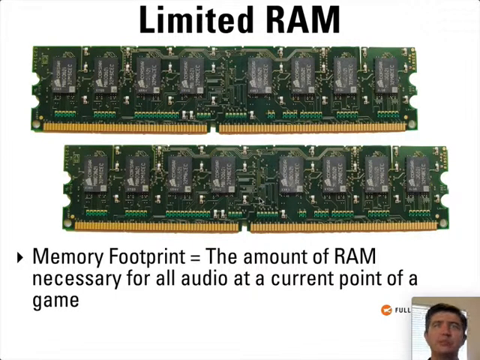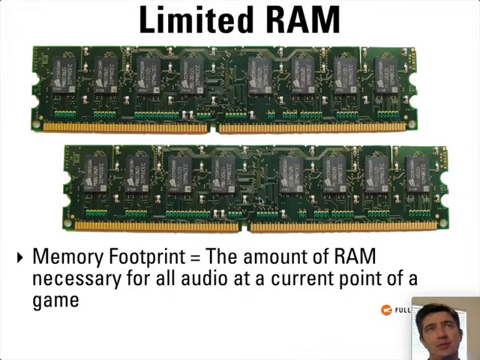So some of the original Sega Genesis had 32 kilobytes worth of RAM available for sounds. The first PlayStation had 512 kilobytes, or a half a megabyte, for all of the sounds loaded up at any one time.